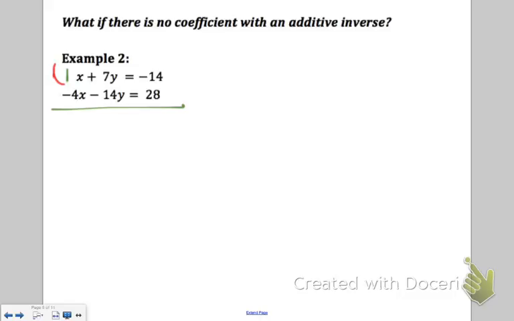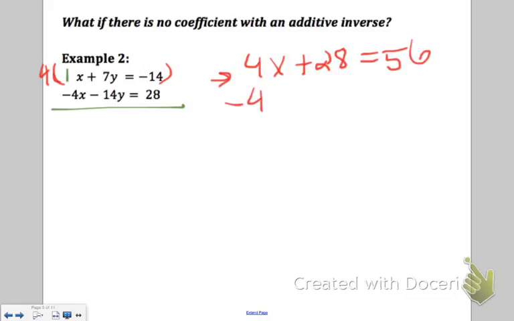If I multiplied everything by +4, I would end up with 4x plus 28y equals 56. And then my second equation is still -4x minus 14y equals 28. So if I were to add the two equations now, the x values will cancel out and we must solve for y.